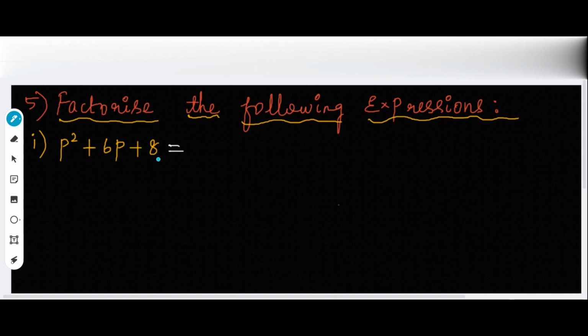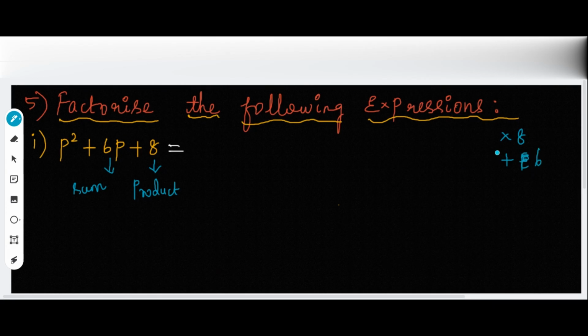So what you are going to do: p square plus 6p plus 8. Here 8 is the product of the roots and 6 is the sum of the roots. So what are the two numbers that make the product 8, and what are the two numbers that make the sum 6?